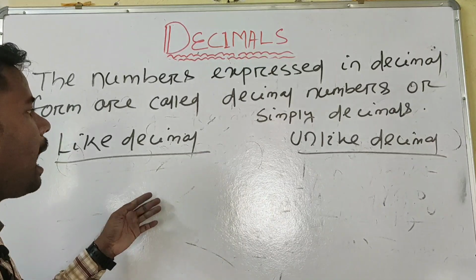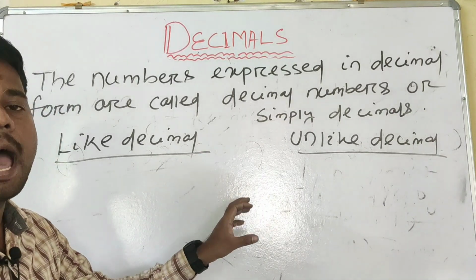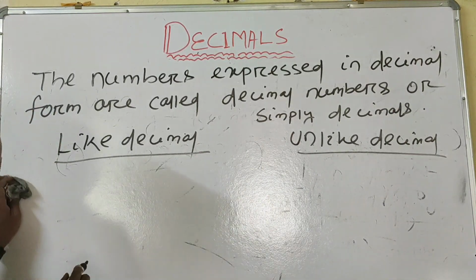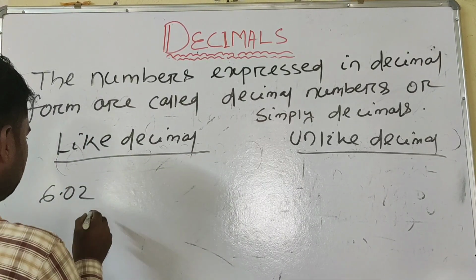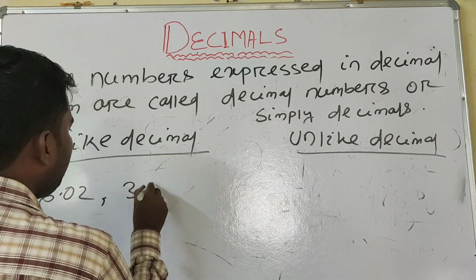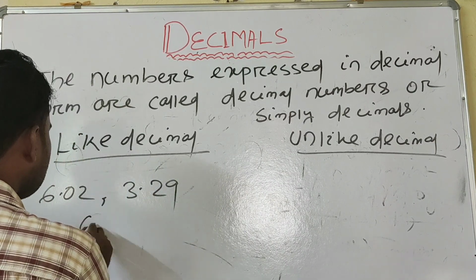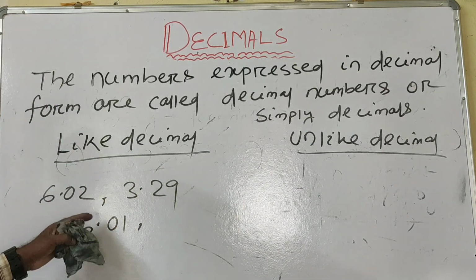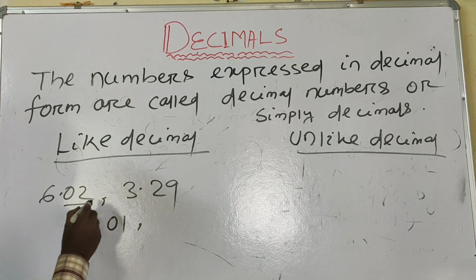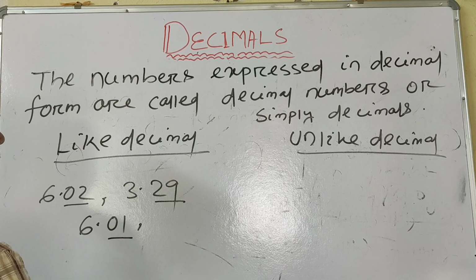Decimal numbers having the same number of decimal places are called like decimals. Let's take some examples: 6.2, 3.29, 6.01. They are all like decimals because all the decimal places are the same.